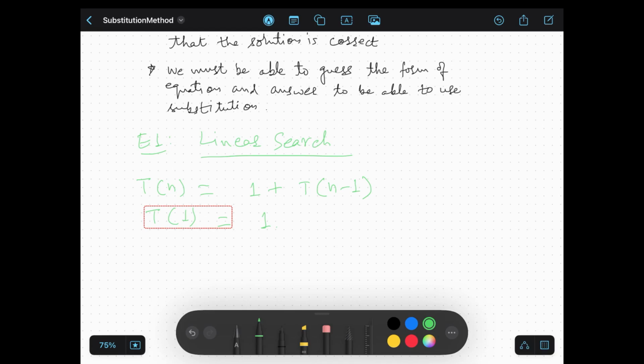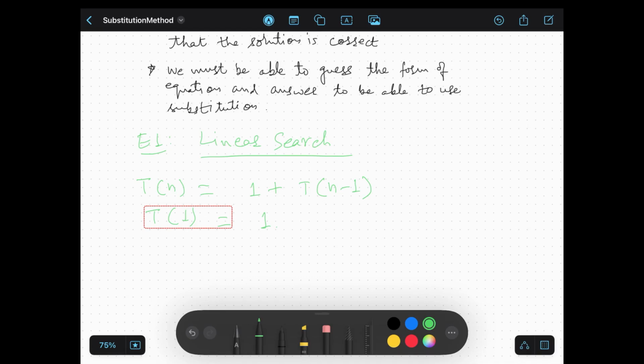If you are watching my previous sessions, I talked about base cases, which means when the recursion should stop. And when I say T(1) is equal to 1, this means if we have only one value or one index in the array, then it takes a constant time to find a value using linear search.